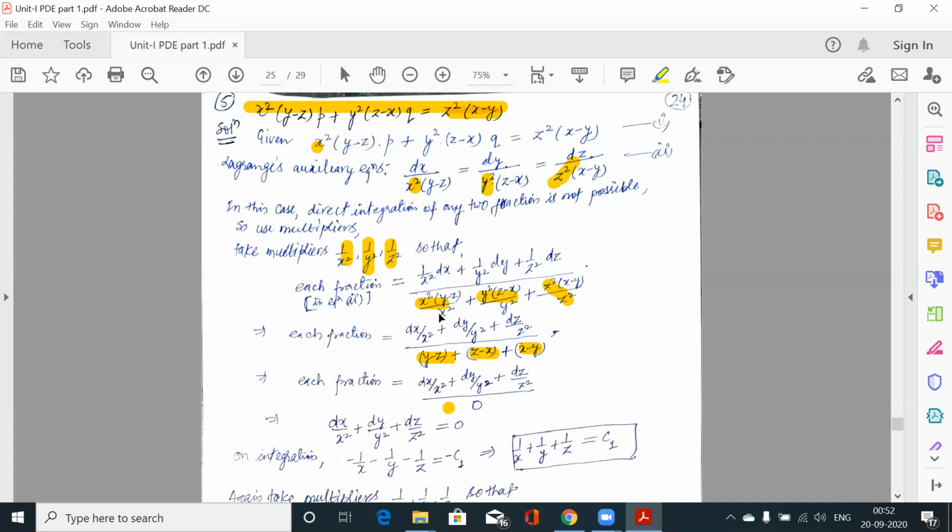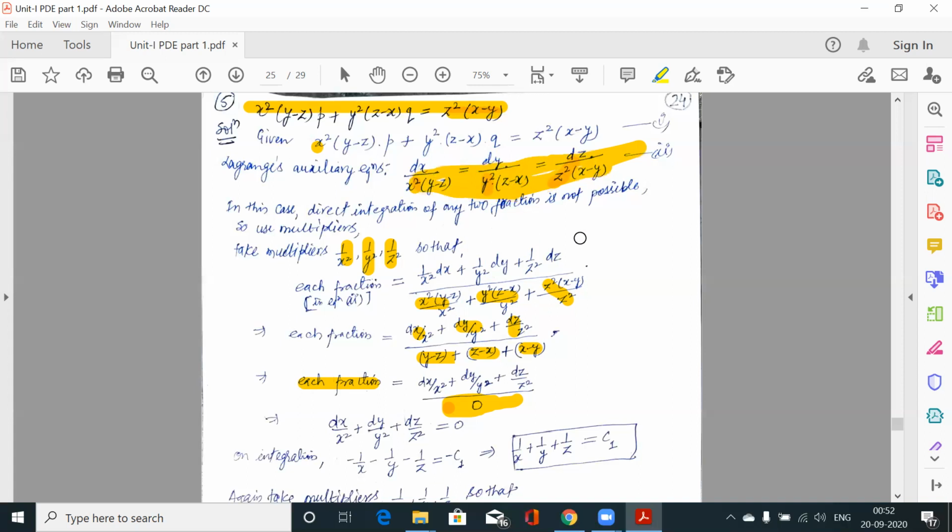So we have dx over x² plus dy over y² plus dz over z², divided by 0. And we know this combination is equal to each of the fractions in the auxiliary equations, meaning these three.